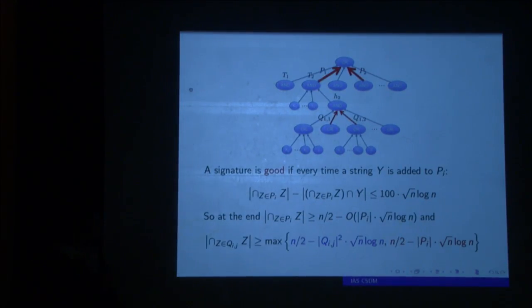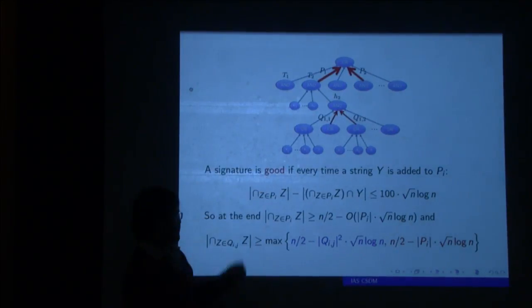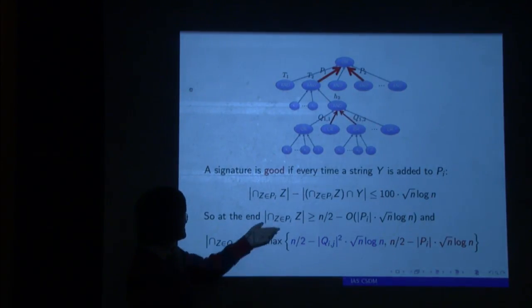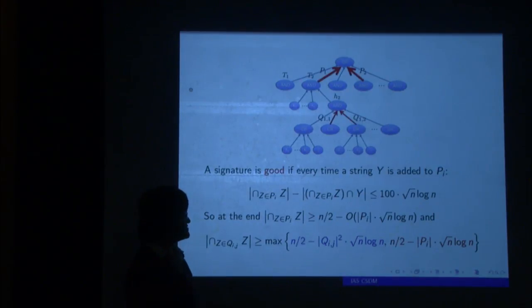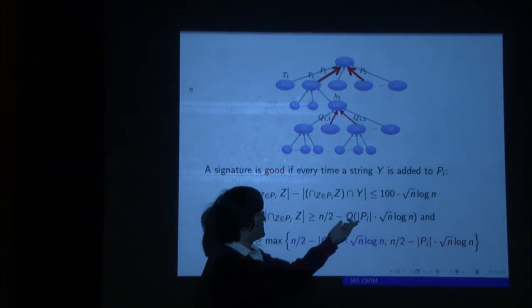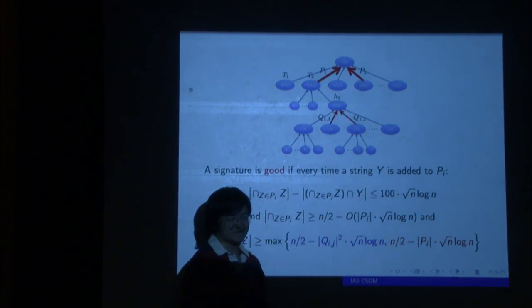Yeah, so we just use the first layer to do the same goodness condition and say the number of common ones in the first layer for Pi cannot drop too fast, cannot drop faster than root n times log n. And this tells us if you look at Pi, the common ones cannot drop too fast, at least half n minus Pi times root n.